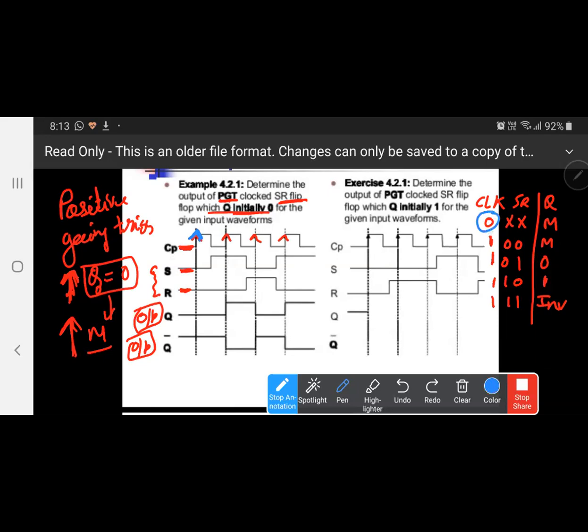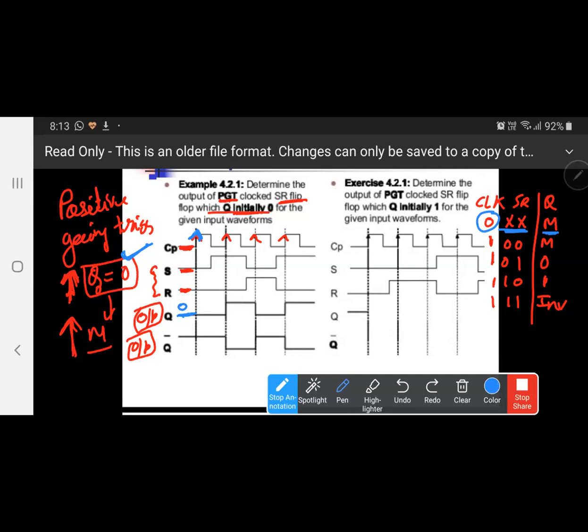So if no clock, whatever the value of S and R doesn't matter, it will work as a memory. And what is in the memory? 0. So that's why Q will be 0 here, and it is before the clock. Clear?